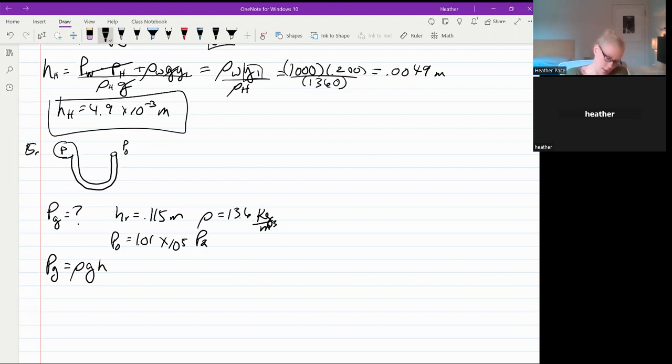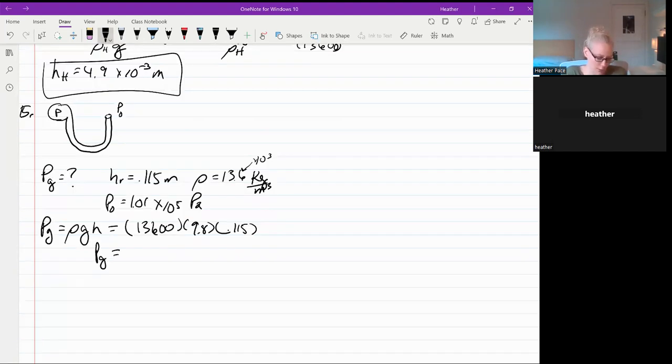Rho 13.6 times 10^3 times g, 9.8 meters per second, leaving off units, times height, we're given 0.115, and if we use our calculator we end up with 1.53 times 10 to the 4 pascals, and that is our answer.